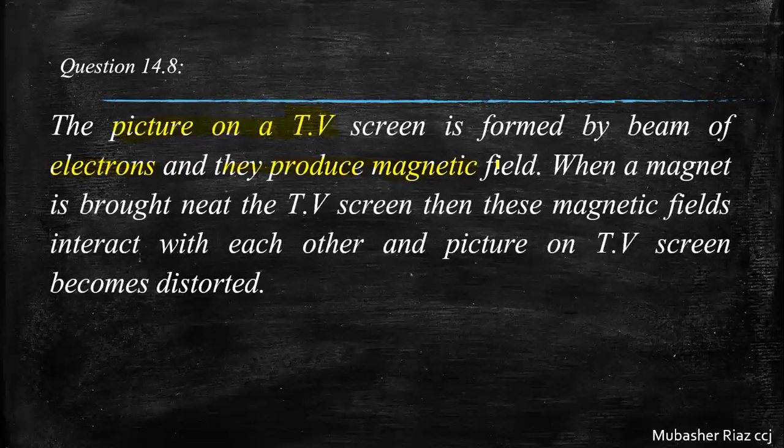So when another magnet is brought near the TV screen, आप किसी सेकंड मैग्नेट को टीवी स्क्रीन के करीब लेके आते हैं तो ये दोनों मैग्नेटिक फील्ड्स इंटरएक्ट होंगे. वन इज द मैग्नेटिक फील्ड प्रोड्यूस्ड बाय इलेक्ट्रॉन्स and other magnetic field is producing by the magnet. They interact with each other. That's why the picture on TV screen becomes distorted.